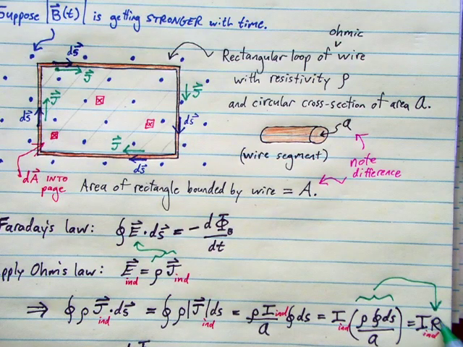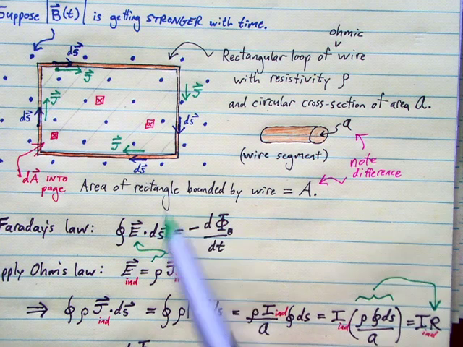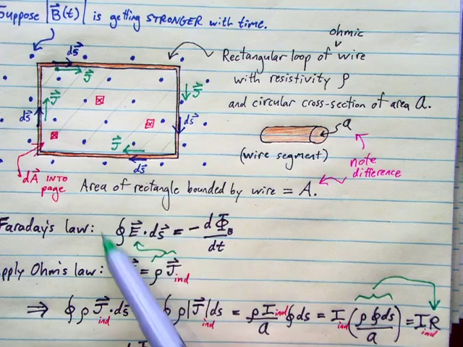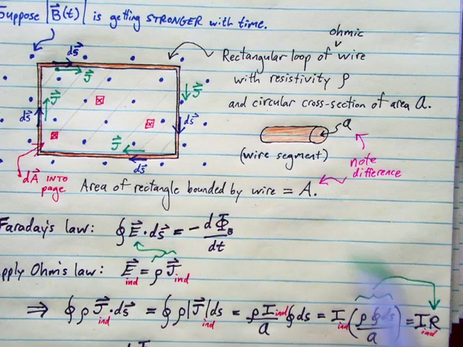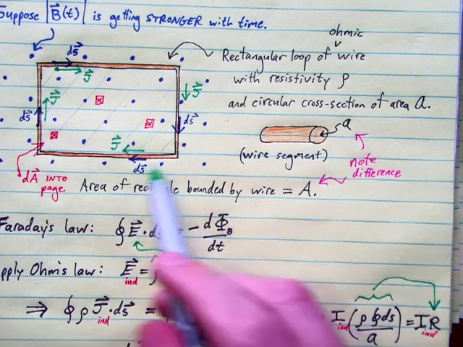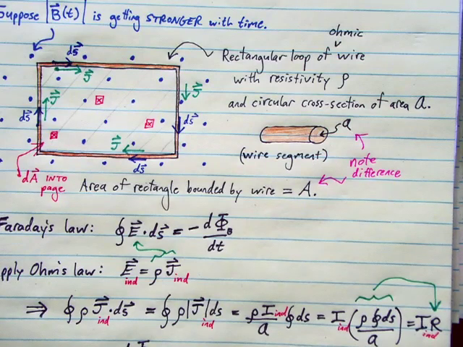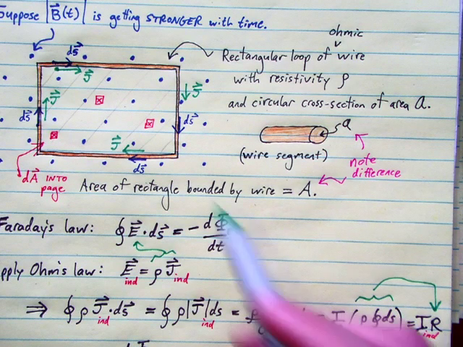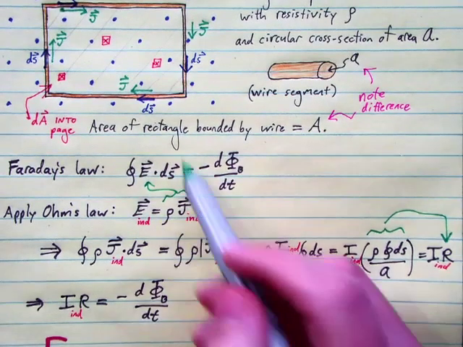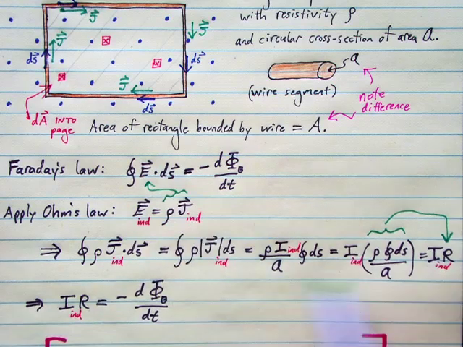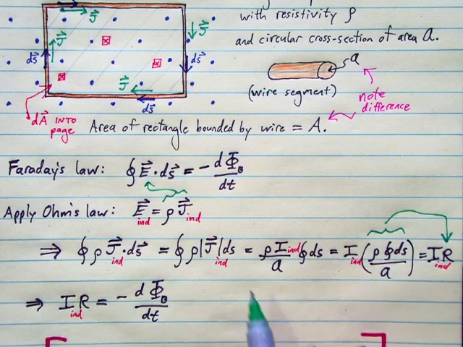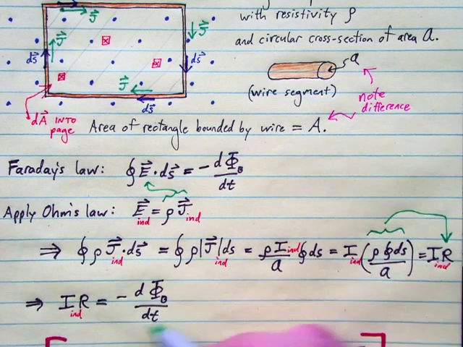In other words, we're showing here that the left-hand side of Faraday's law, as applied to this wire loop, is exactly equal to IR, the induced current running through that wire times the total resistance of that wire. So the left-hand side of Faraday's law can, in this case, be replaced with IR, set that equal to the right-hand side of Faraday's law, and this looks now like I times R.